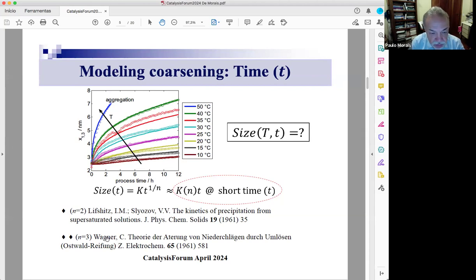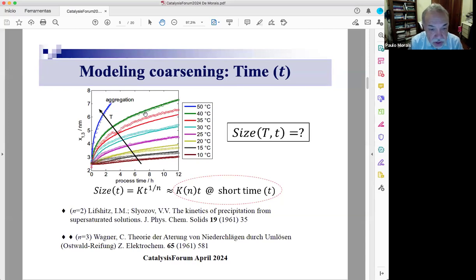But at the same time, a German physicist, Wagner, also published a paper showing that in certain conditions n could be equal to 3, which means the size depends on time as time exponent 1/3.